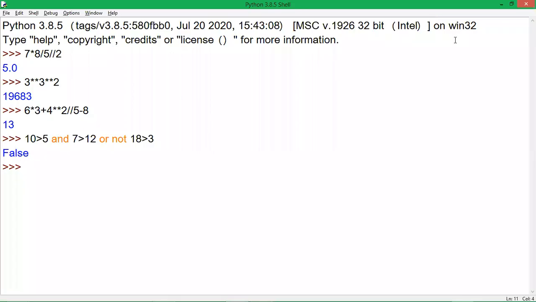Now we'll evaluate the expression: 'ABC' equivalent to 'ABC' and not of 2 equivalent to 3 or 3 equivalent to 4. The result is false.